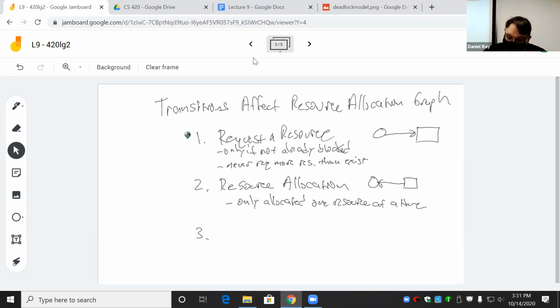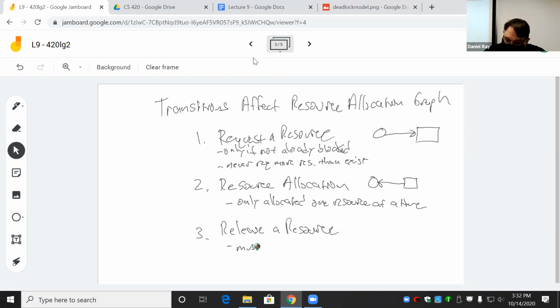So first, request a resource. Second, get the resource, or resource allocation. And what's the third thing? Release a resource. In general, you must be running. This is always true.